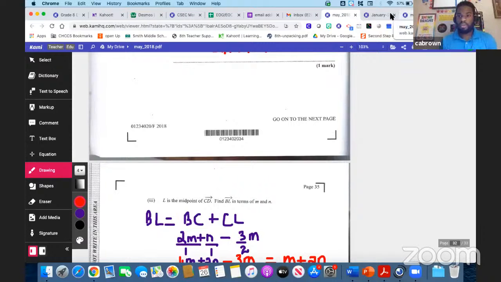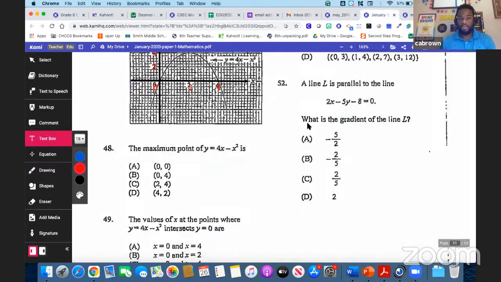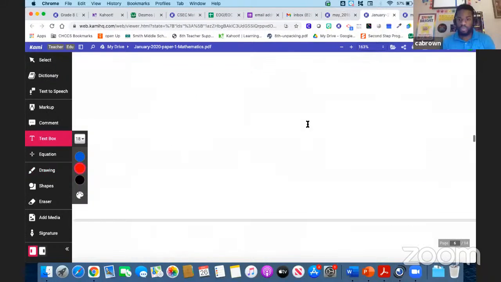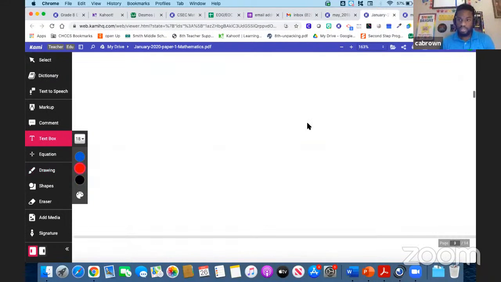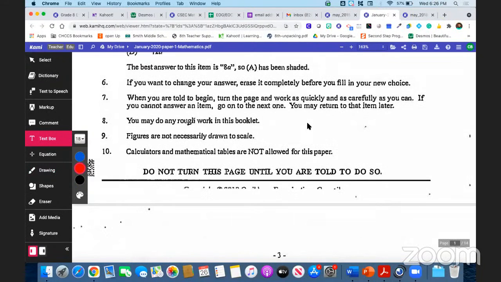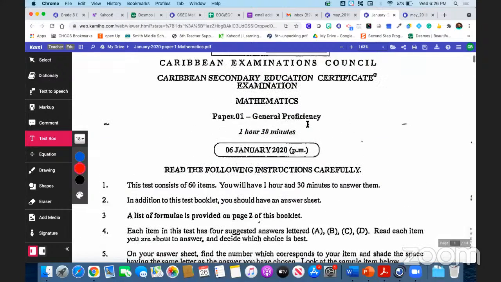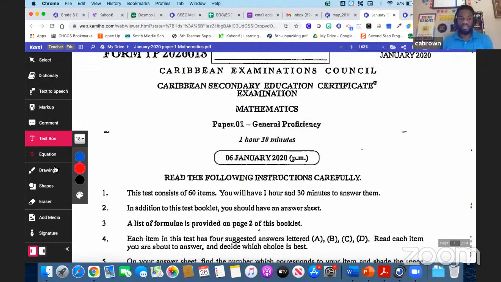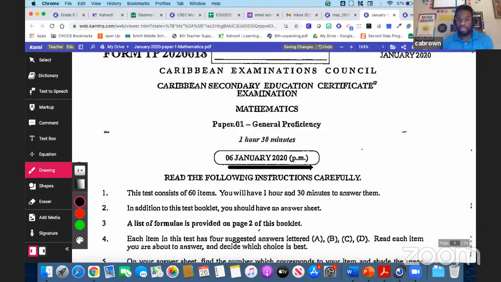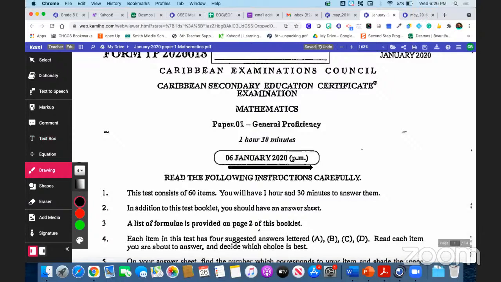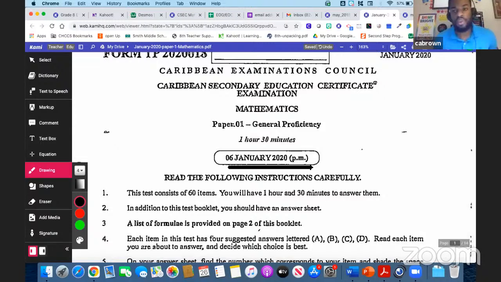All right, let's now conclude with our paper 1. And this was what year? This was 2020. January 2020, which was last year. Remember, you didn't have any May, June exam. So this is one of the most recent paper 1s. Again, no calculators for paper 1.